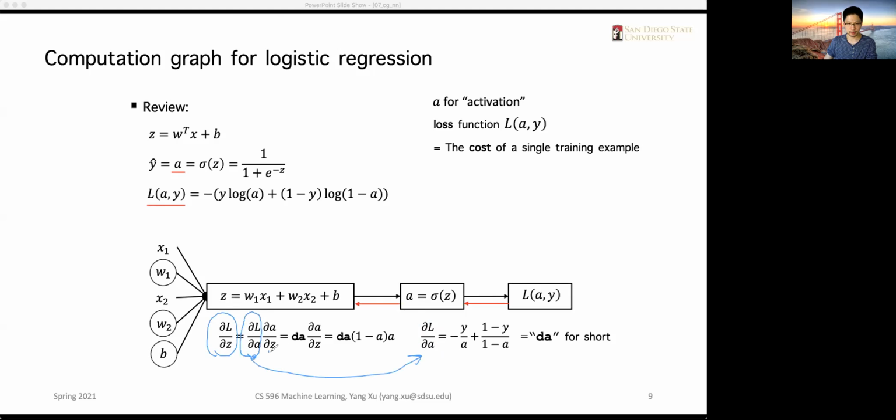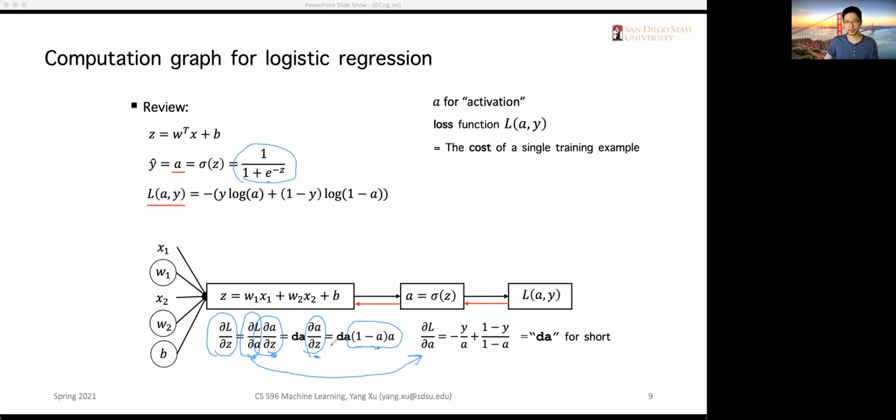The second component is the partial derivative of A with respect to z, which is the derivative of the sigmoid function. We already did that in the practice 2 slides ago. It's 1 minus A times A.